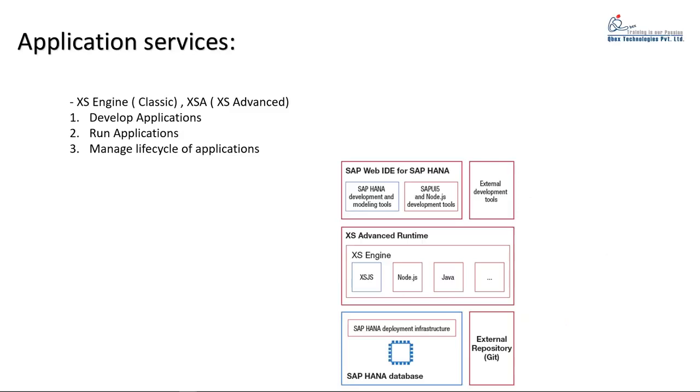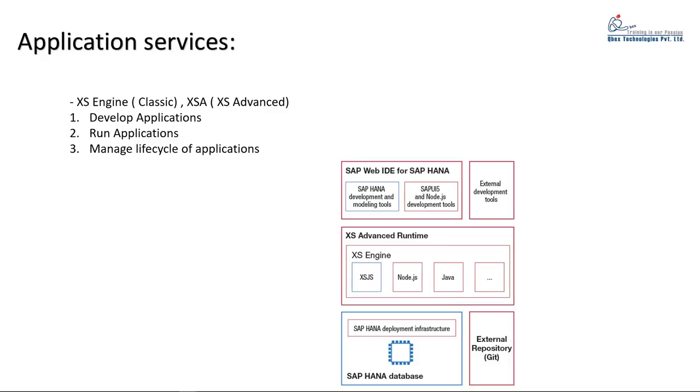Now, we also have application services. I don't know how many of you have heard about HANA native development or HANA application development. Apart from the database, SAP HANA also comes with application services, where it has something called XS Engine.